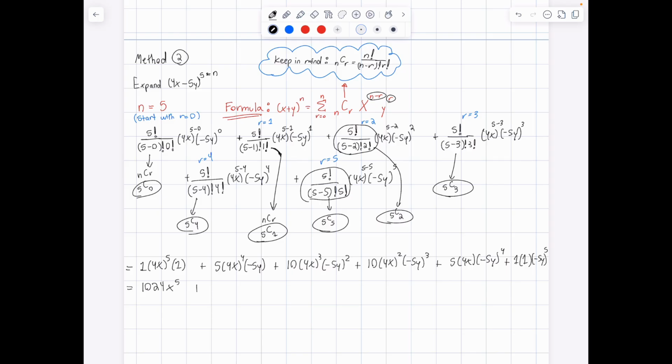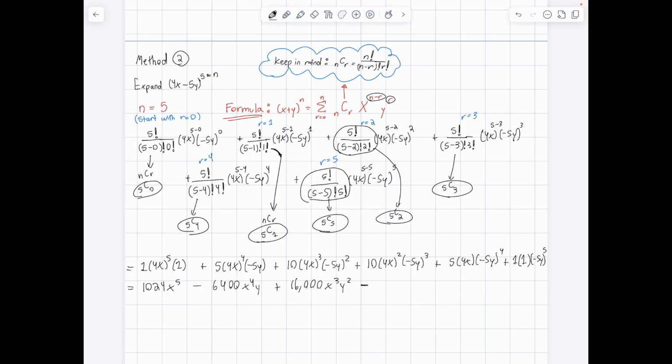1024x to the power of 5, minus, remember our pattern between our minuses and our plus, 6400x to the power of 4 y, plus 16,000x cubed y squared, minus 20,000x squared y cubed, plus 12,500xy to the power of 4, and our very last one actually becomes a minus, and it is minus 3125y to the power of 5.